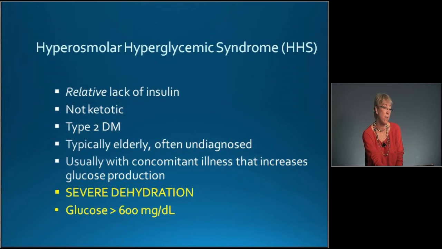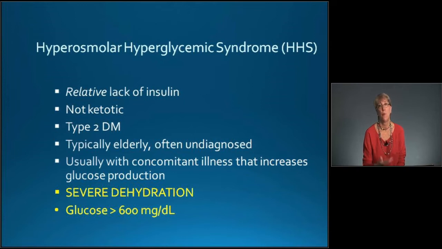So here we have a relative lack of insulin. They're not ketotic, or at least not significantly so. They have type 2 diabetes. They're typically elderly, and a lot of times they're undiagnosed.